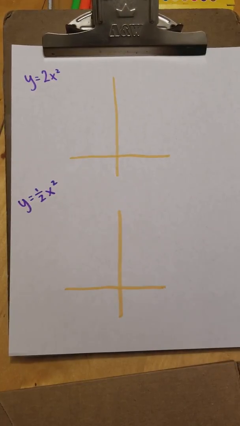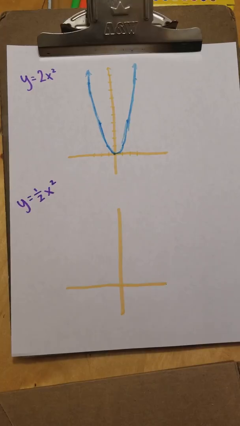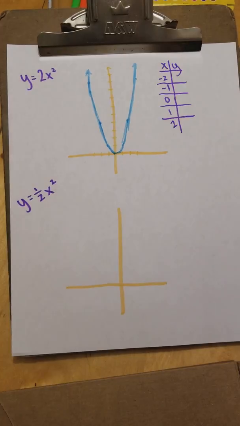Let's take a look at these two quadratic functions and look at the parabola they graph to. But first, let's lightly draw in the original parent function, y equals x squared. So there's y equals x squared, roughly drawn. Let's see what happens when we get y equals 2x squared.